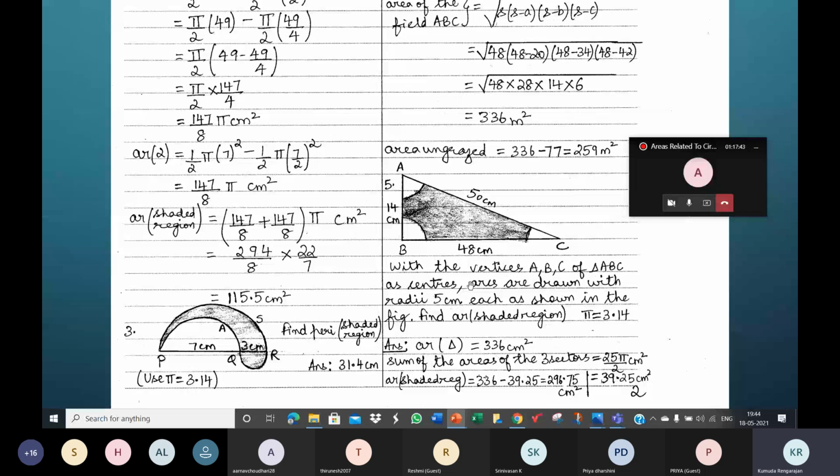Please take down the figure. Take down this figure, write this information, and make a note of all these values. Work it later.